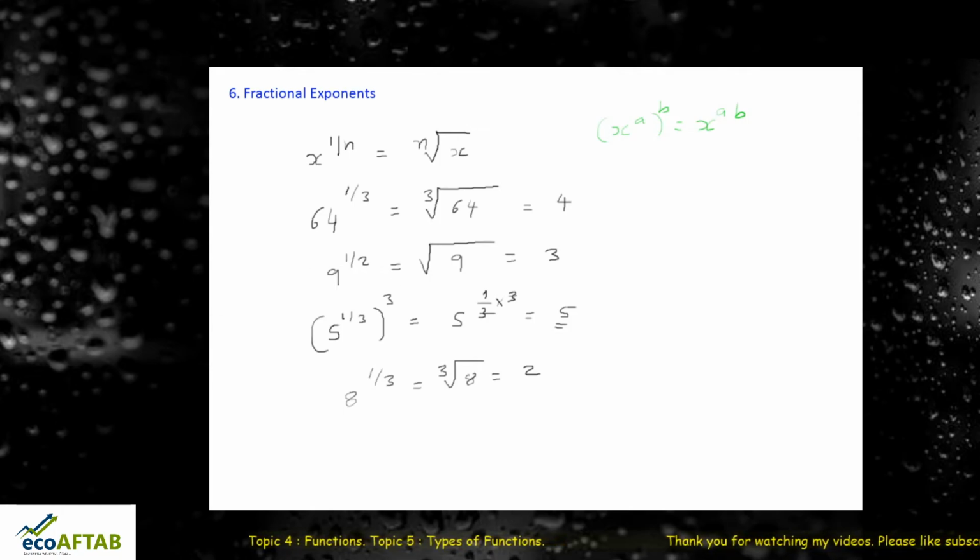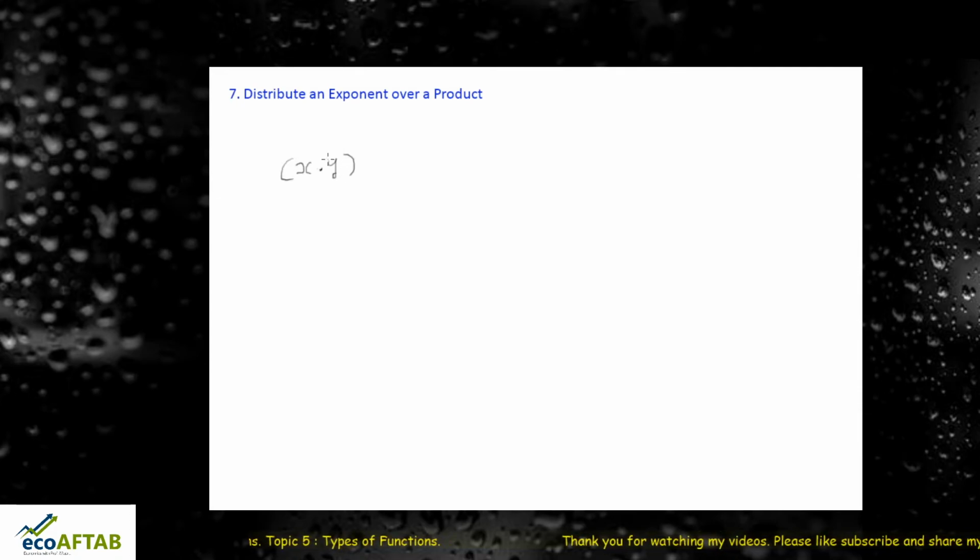Going ahead, distribute an exponent over a product. So we are distributing it. So if I say x into y raised to n, it means it is x raised to n into y raised to n.